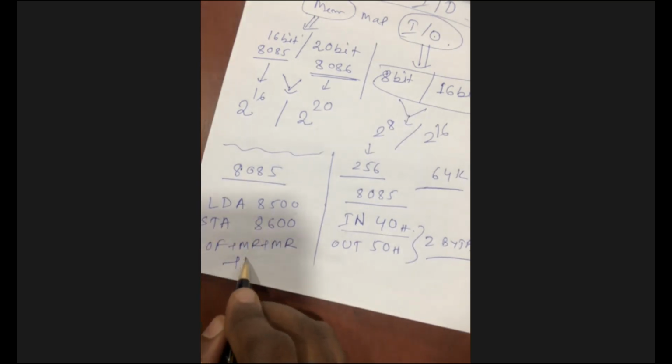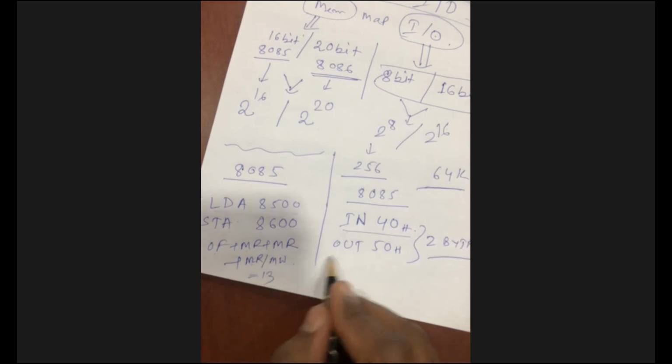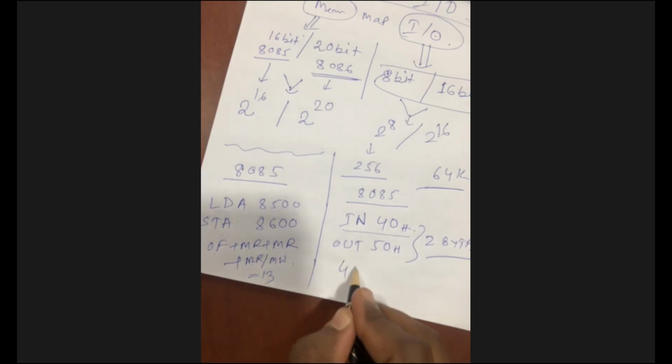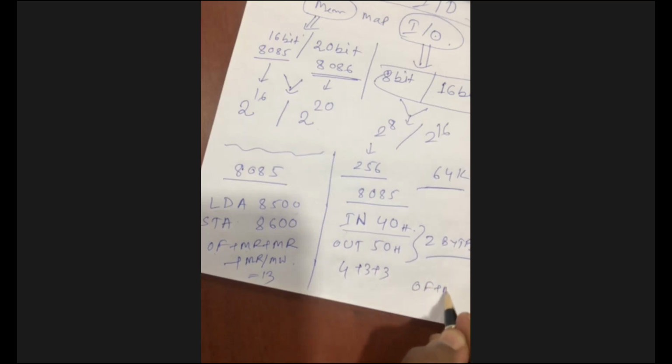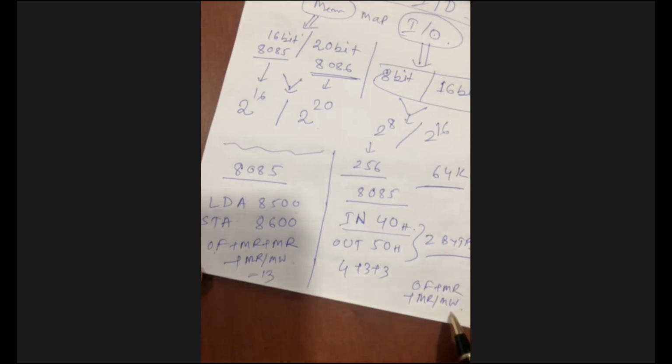So how many T-states? 4 plus 3 plus 3 plus 3, that is 13 T-states. For IN and OUT, the extra cycle is a read for IN and a write for OUT.